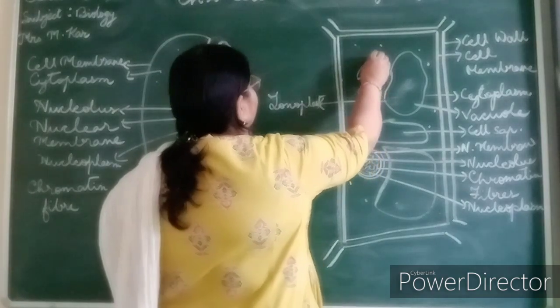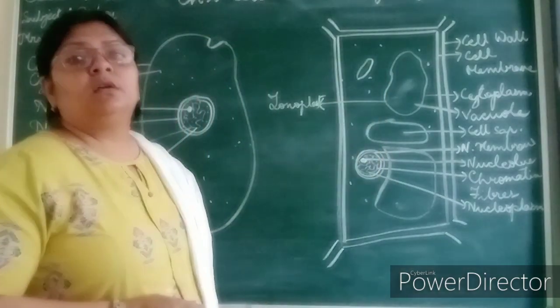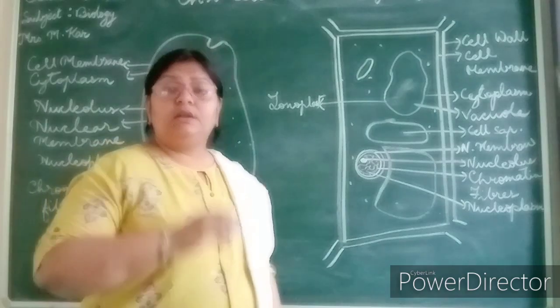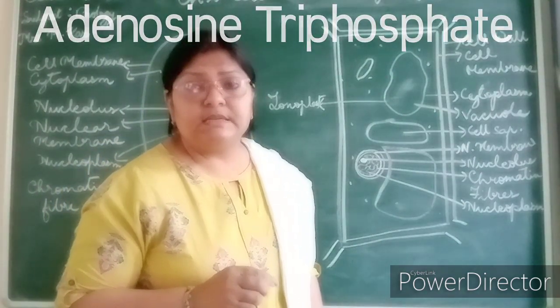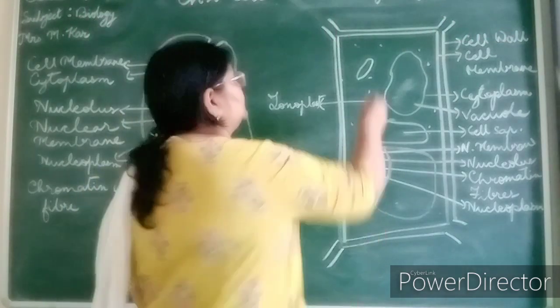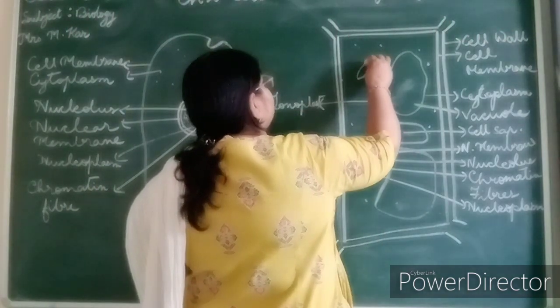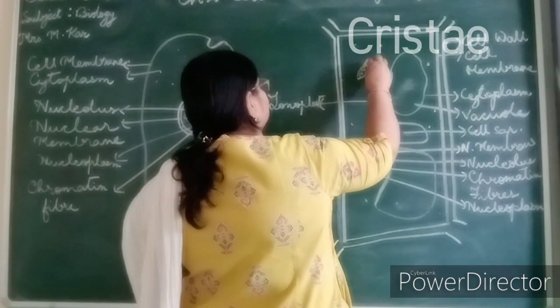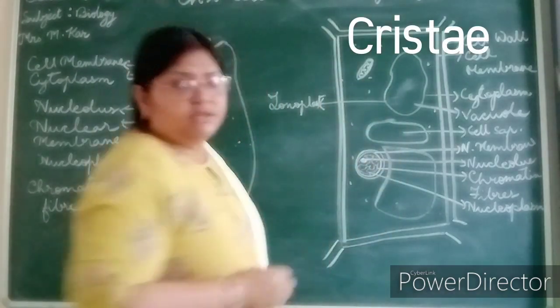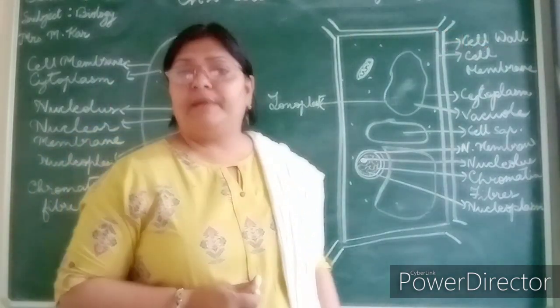It is a double layered organelle. The inner layer forms teeth-like structures called cristae. And what is the function of mitochondria?